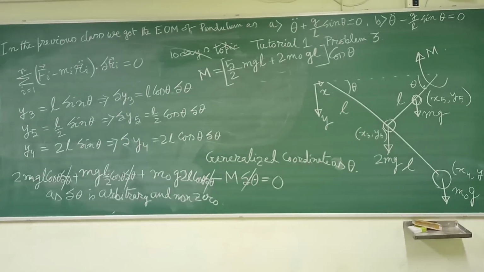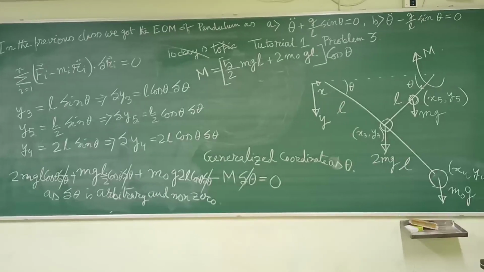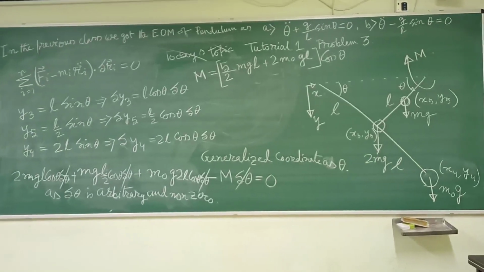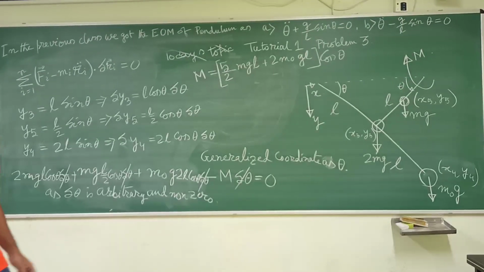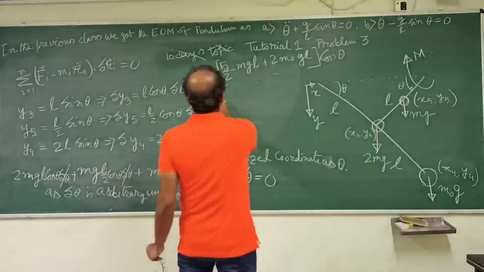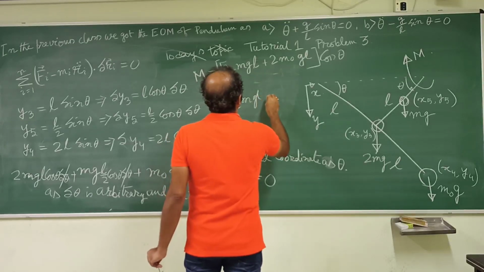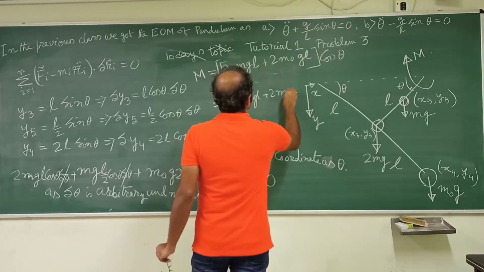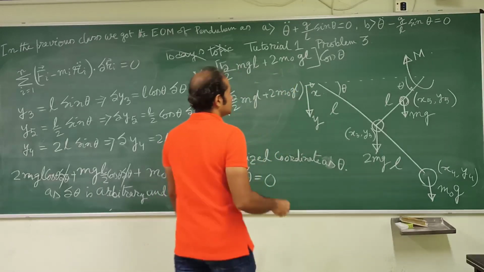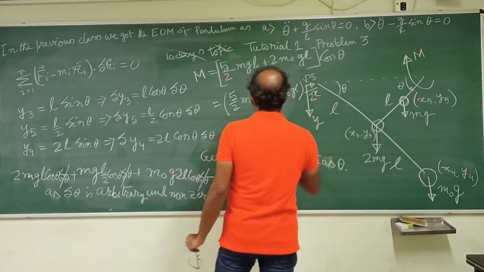This question is asking that theta is equal to 30 degree. If theta is equal to 30 degree, then what is the value? So it is going to be 5 by 2 mgL plus twice m0 gL times cos 30 degree, which is equal to root 3 by 2.